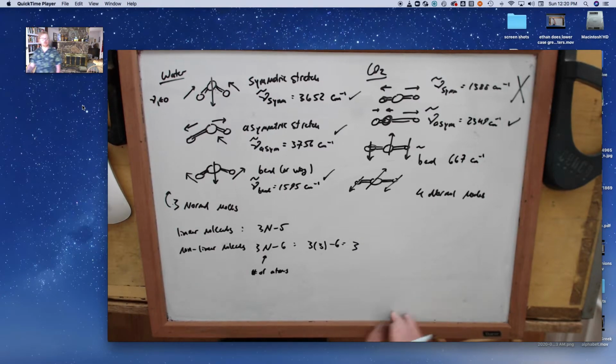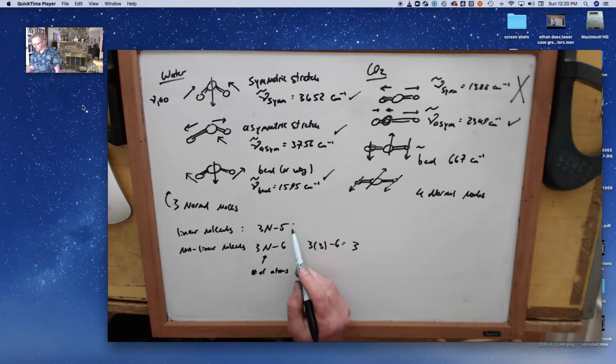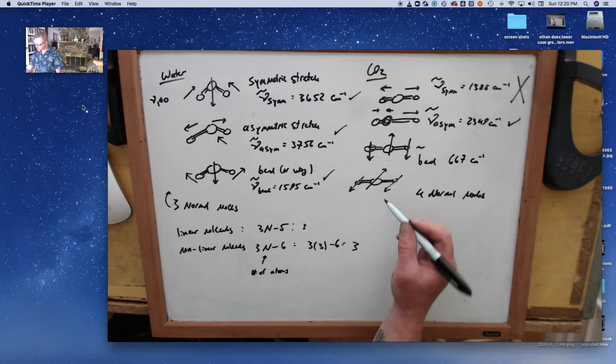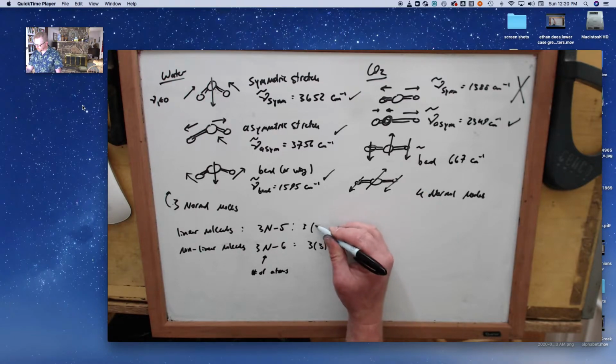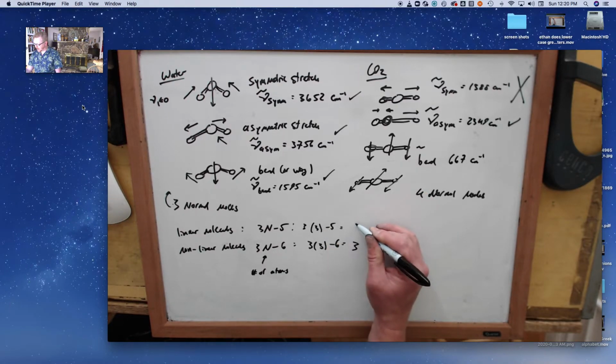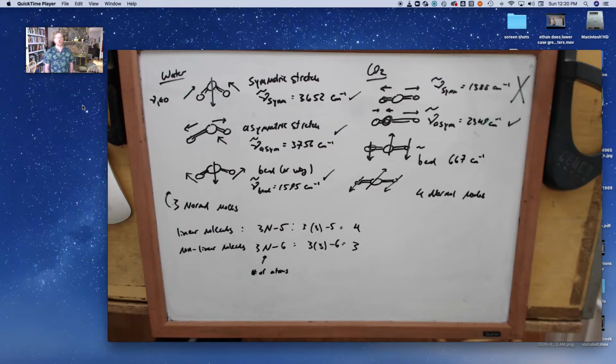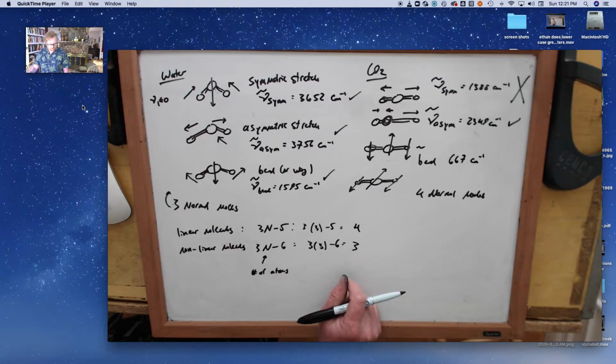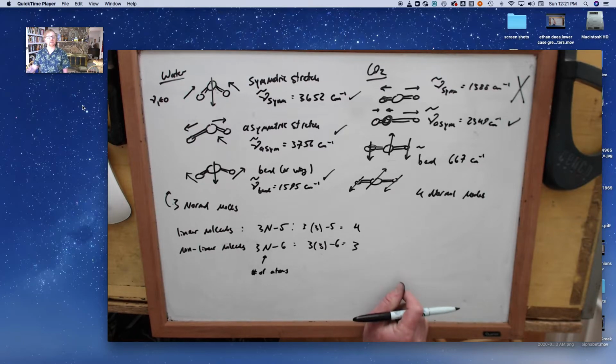So we predict the 3 normal modes from those equations. CO2 is a linear molecule, and it also has 3 atoms, so 3 times 3 minus 5 gives me 4 normal modes. So we can do this with all molecules, except it doesn't necessarily predict which ones will be IR active. We have to see a permanent dipole moment.